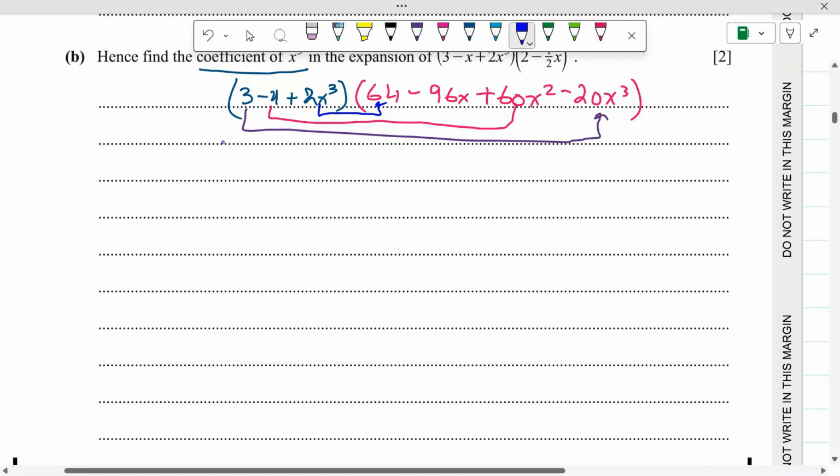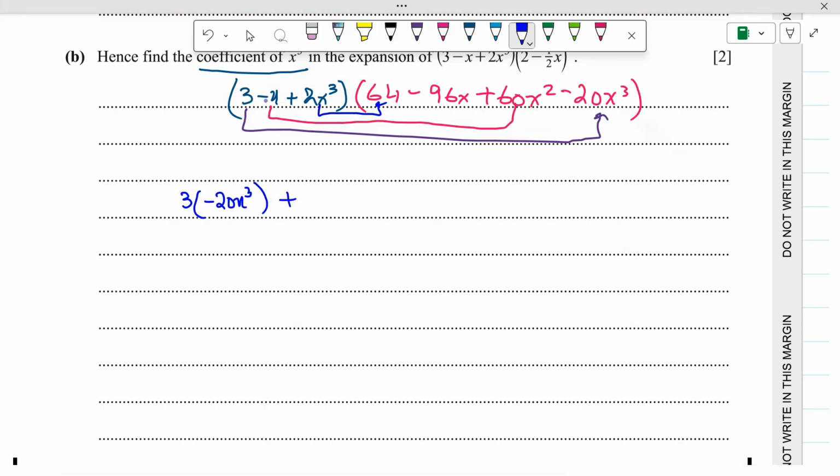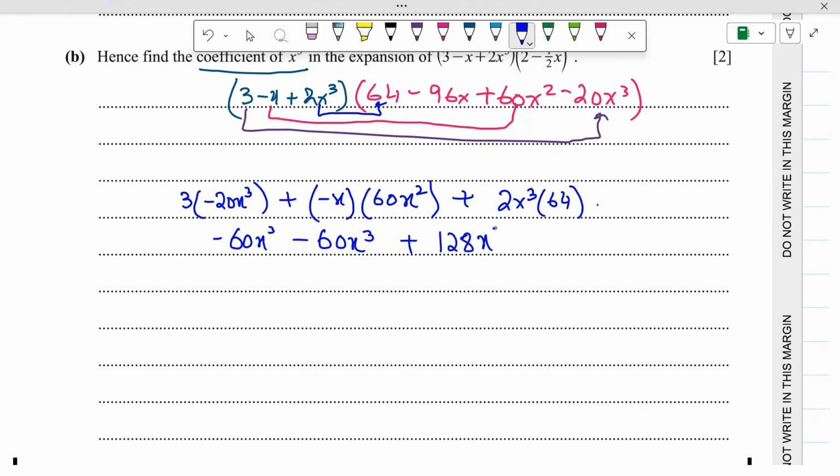So let's multiply 3 times negative 20 x cube plus negative x times 60x square plus 2x cube times 64. Solving, we will have negative 60x cube minus 60x cube, and 2 times 64 is 128x cube.